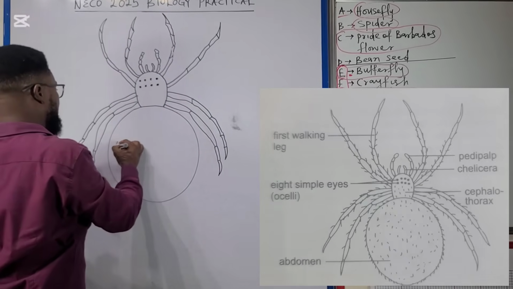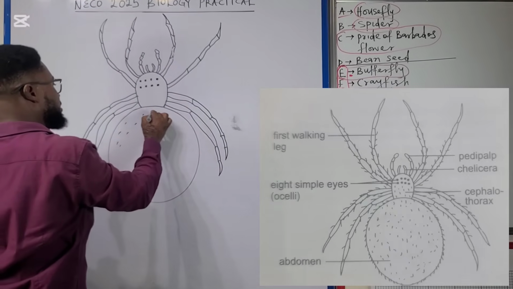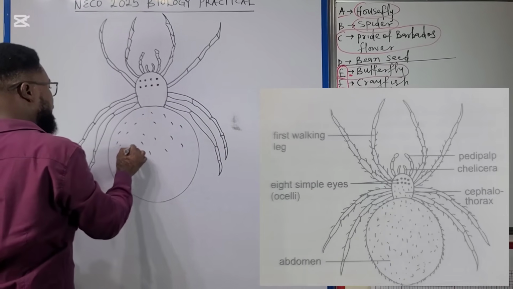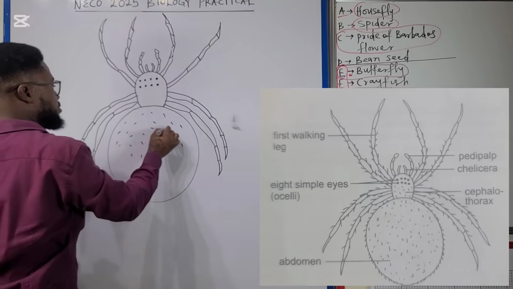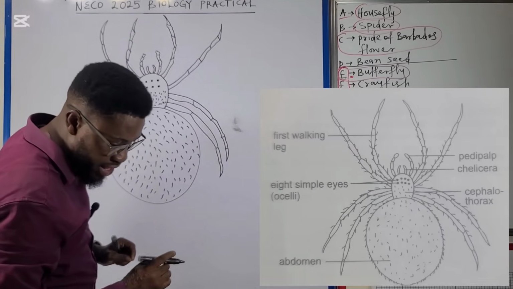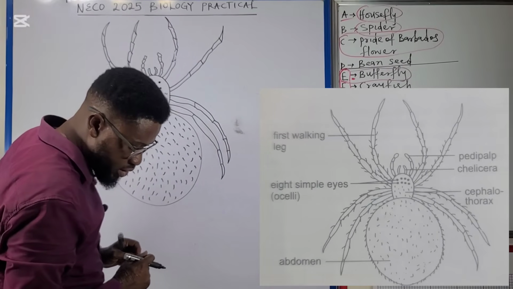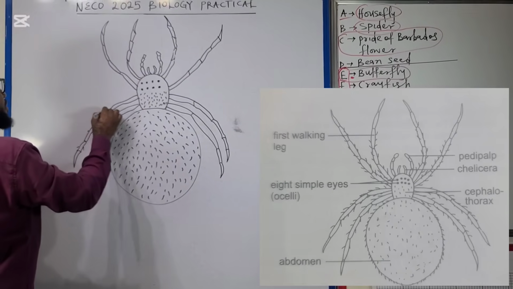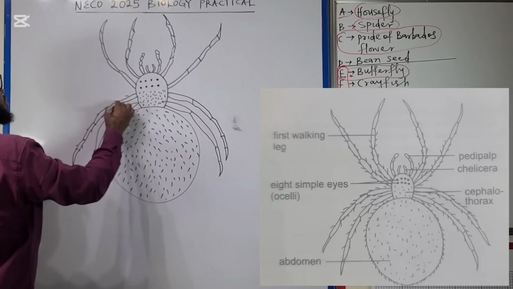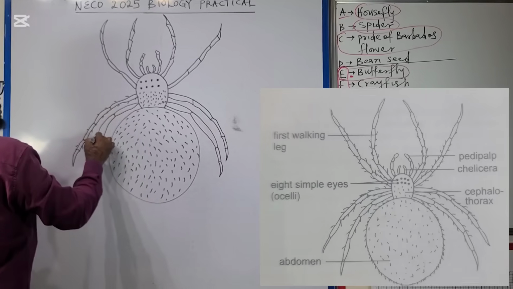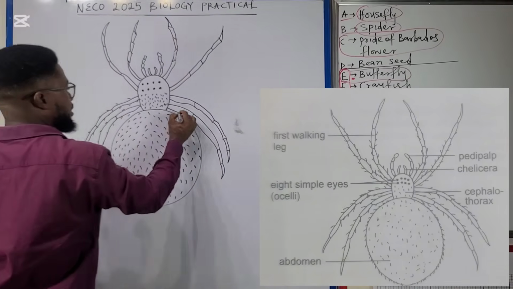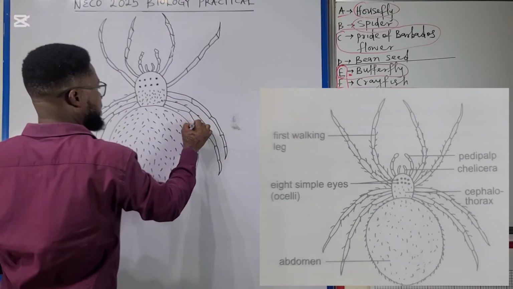Of course, we need to have hairs all over the abdomen and on the appendages.